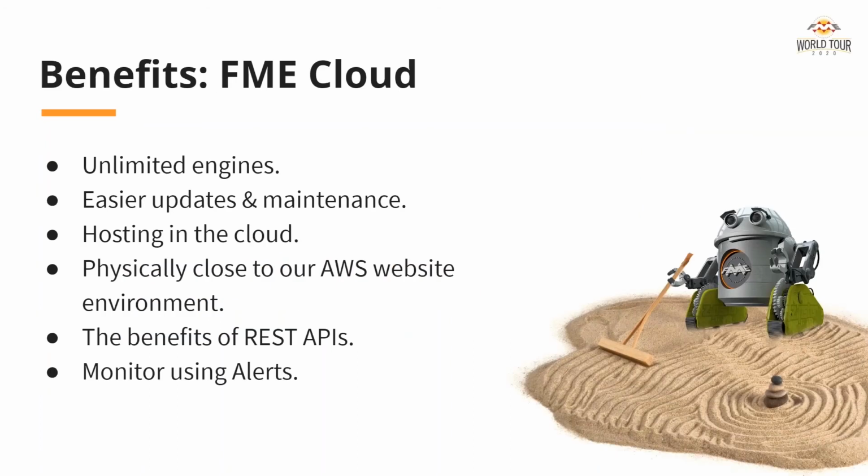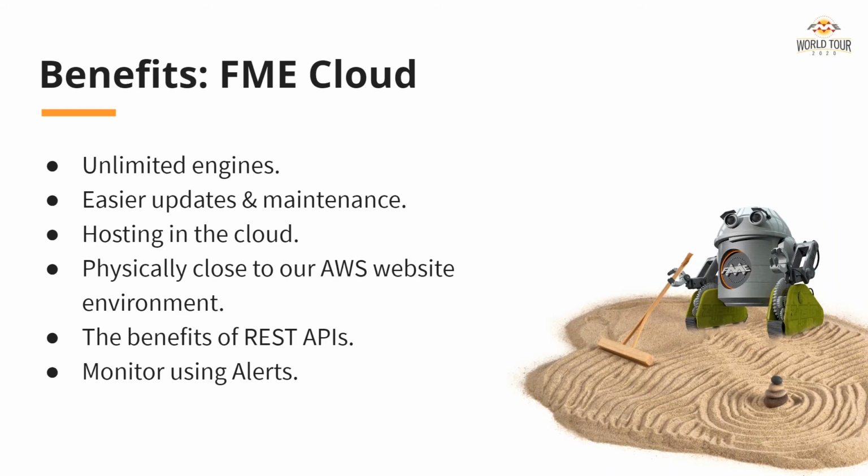Some of the benefits of choosing FME Cloud, for example, over FME Server, the local install version, is principally unlimited engines. So just from the get-go, that removes the question of how many tasks do I need to run in parallel at any one time, and means that all you really need to focus on for your needs is how much hardware you require to actually do the jobs that you need to undertake.